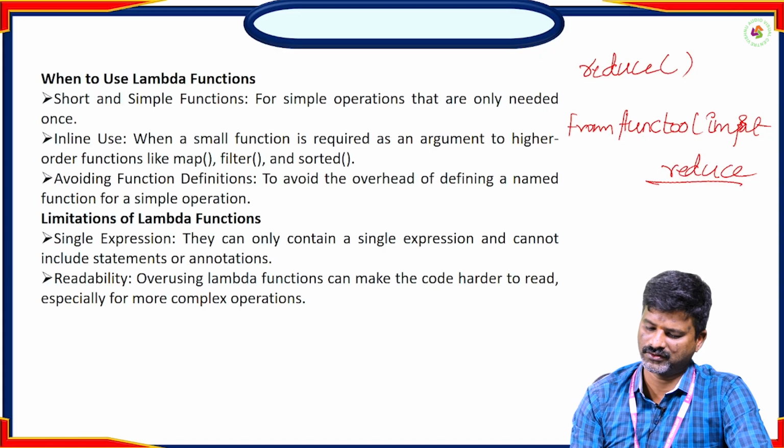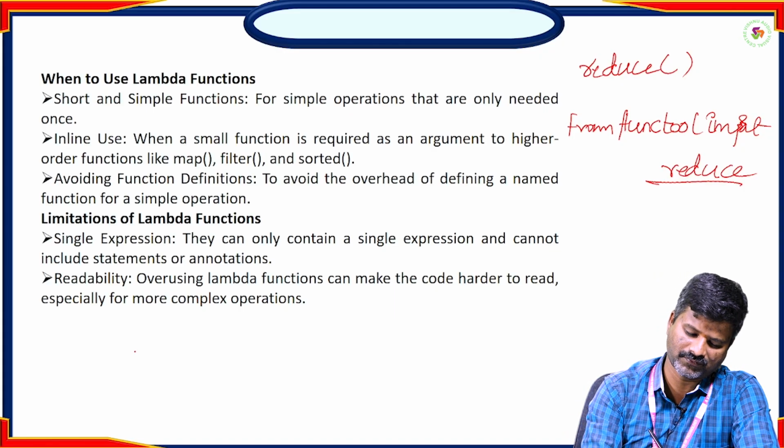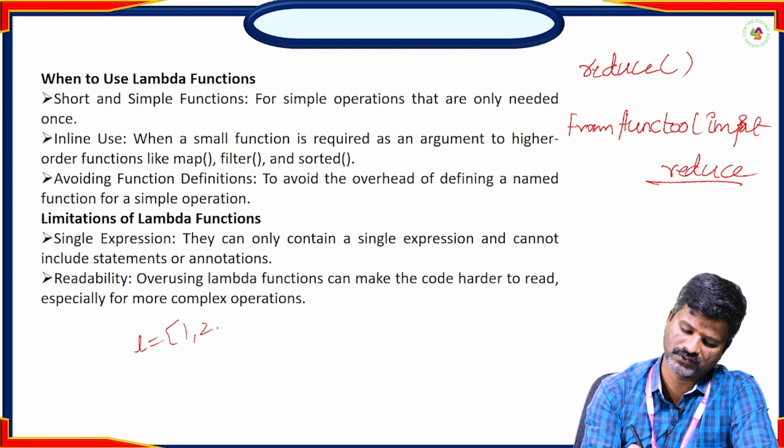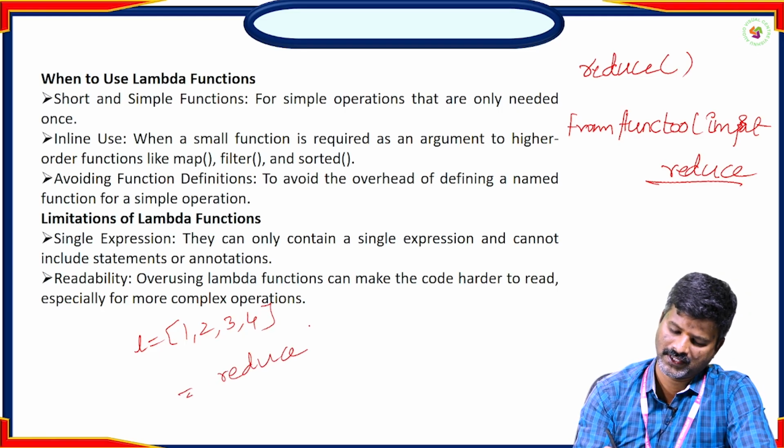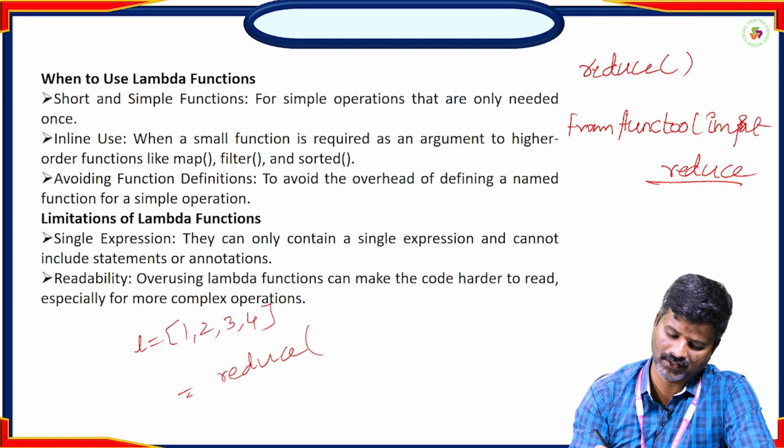So how can you use reduce? Suppose I have a list of elements, something like 1 2 3 4, and I want to use reduce. Simply, reduce, and inside this I am writing a logic, something like lambda.